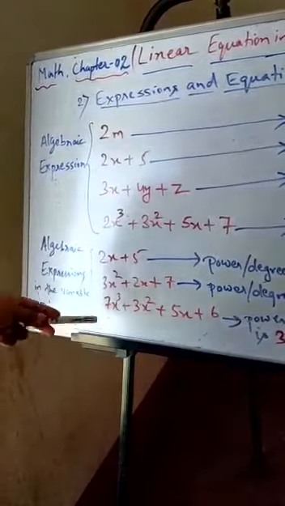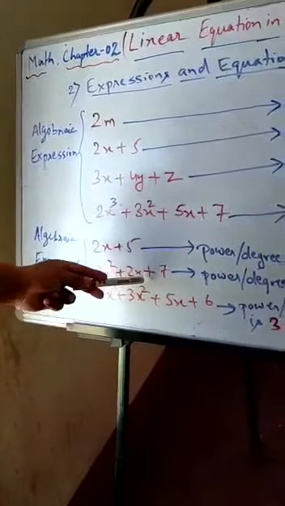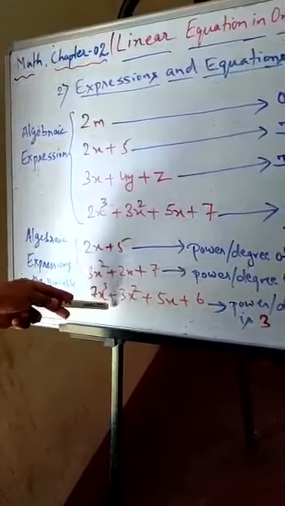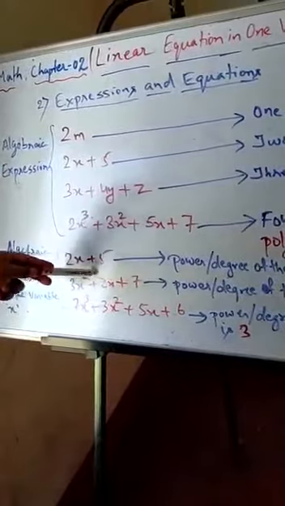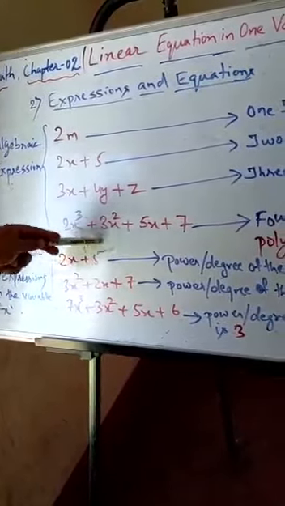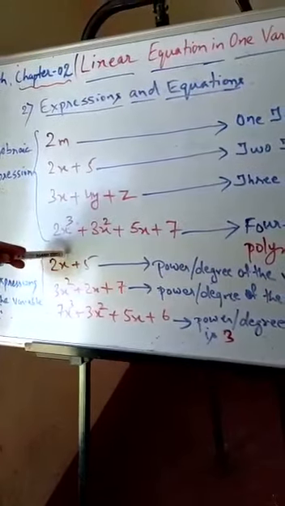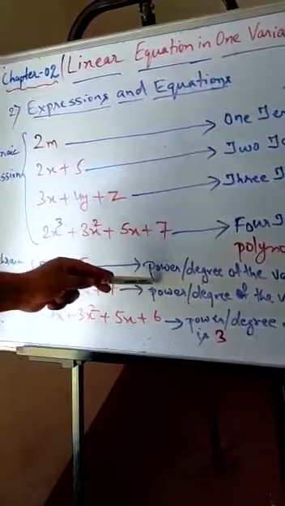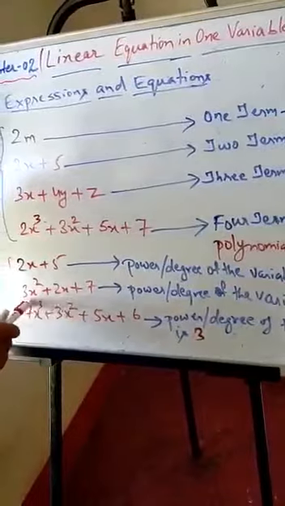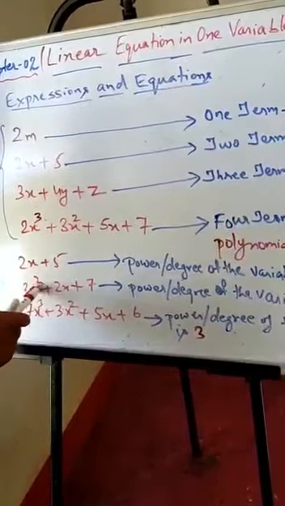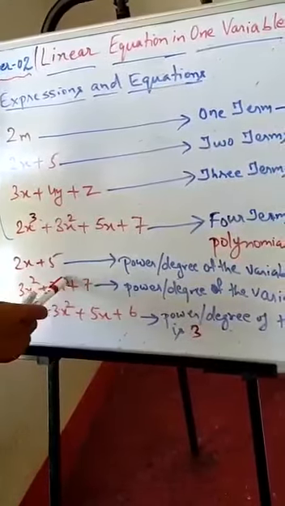Now you can see there are different kinds of algebraic expressions given in x. One is 2x plus 5, other is 3x square plus 2x plus 7, next is 7x cube plus 3x square plus 5x plus 6. In the first, the maximum power of the variable is 1, hence the degree is 1. Here it is 1, here it is 0.